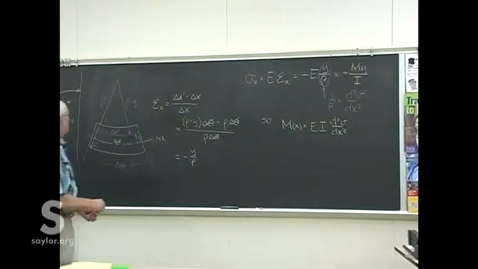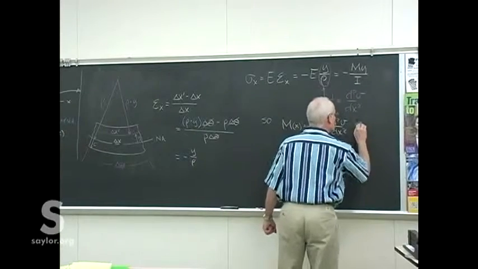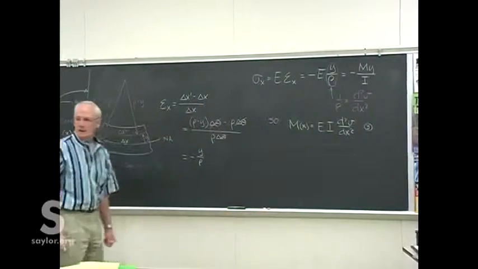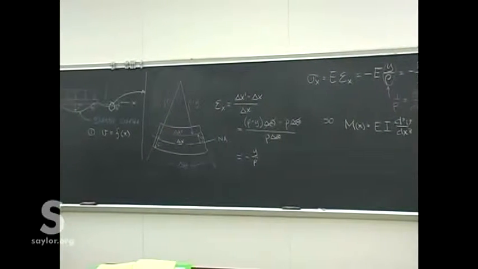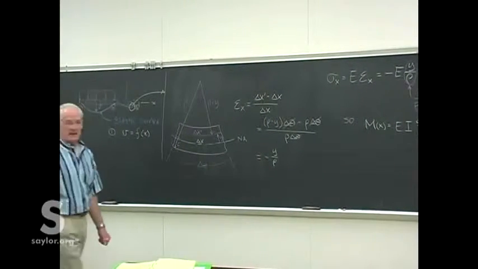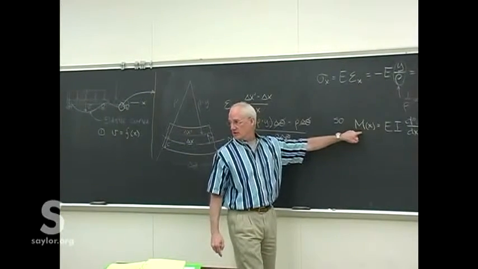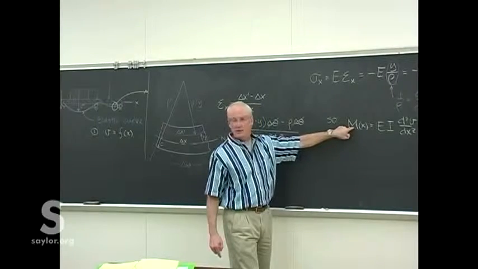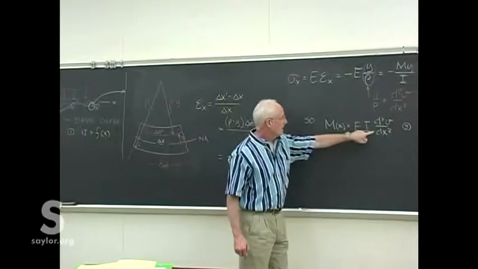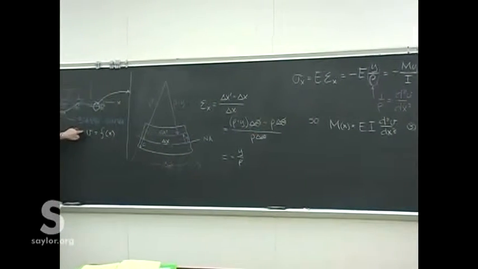And that then is equation number 3 of the ones we think. Now, we know very well, since we even started this back last fall in statics, we know how to find the moment as a function of x. So if we can find the moment as a function of x, we can integrate it twice, and we'll have our curve.